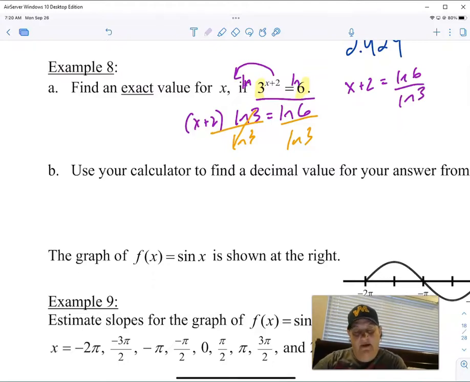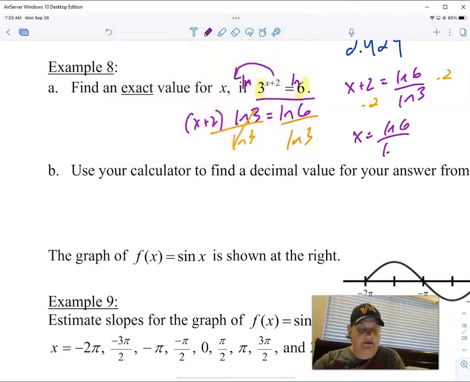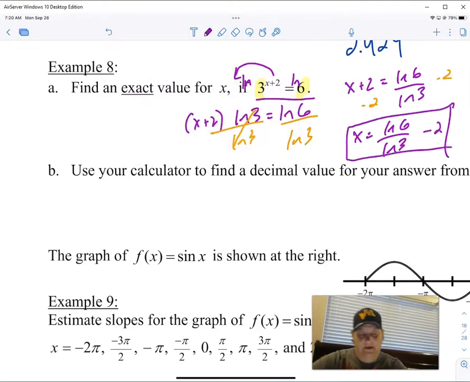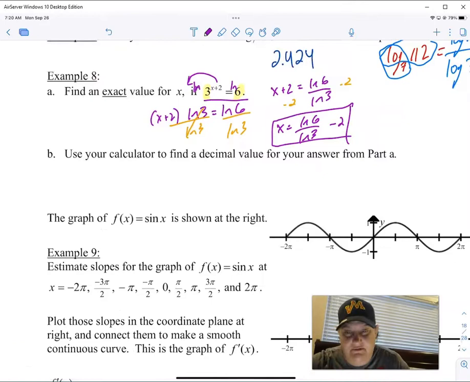Okay, and then I can just subtract 2 from both sides. So I end up getting x is ln 6 over ln 3 minus 2. The next part says use your calculator to find a decimal value.